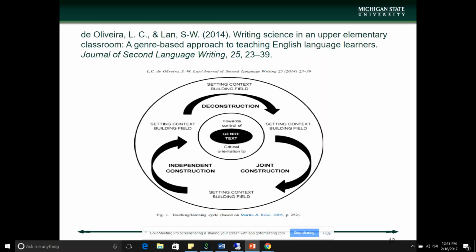Then when they come together, they have different information. So the trick in joint construction and collaborative writing is coming up with ways to get both students to contribute.